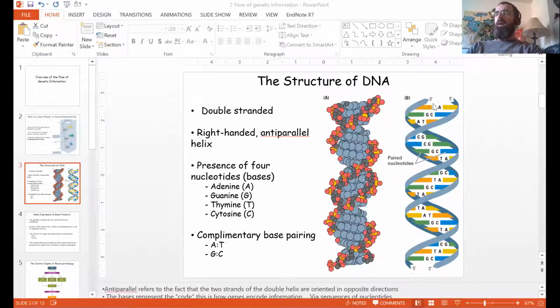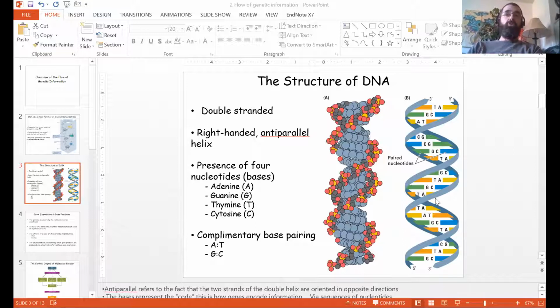So anyway, the anti-parallel deal basically refers to the fact that one strand is going 5' to 3' up here, and the other strand is going in the opposite direction, right? So it's going from 5' to 3' down the page instead. And really, if one were to be really anal retentive about it, and I have been in the past, for full disclosure, the letters of the strand going up the page should be upside down, right?